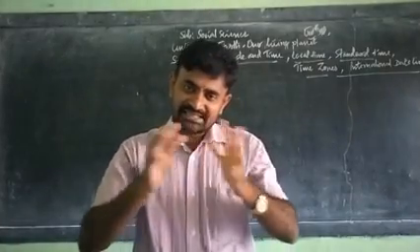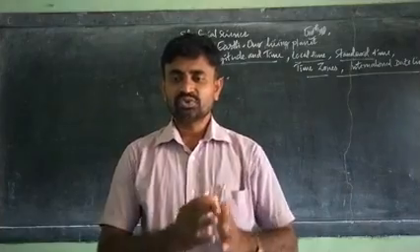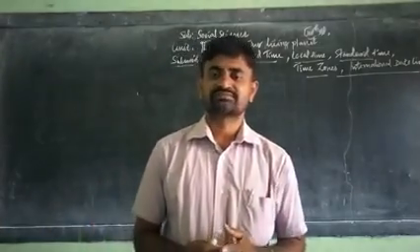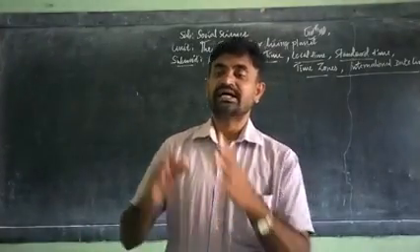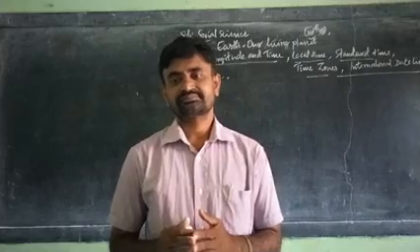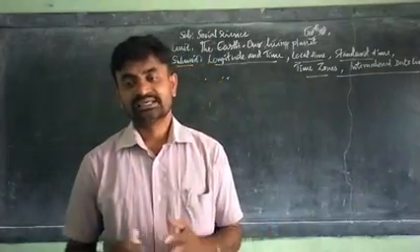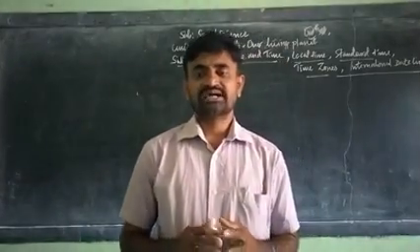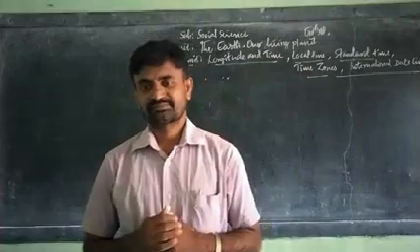Dear students, the distance between two consecutive longitudes decreases gradually with distance from the equator. This is because the meridians of longitude converge at the two poles.